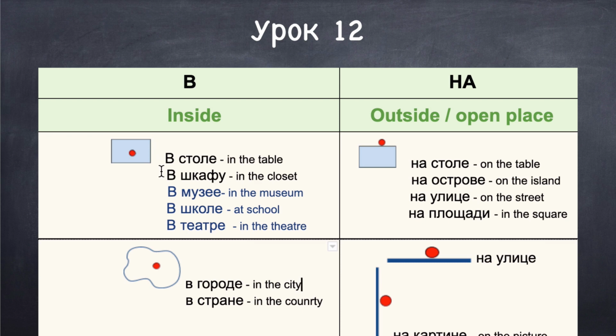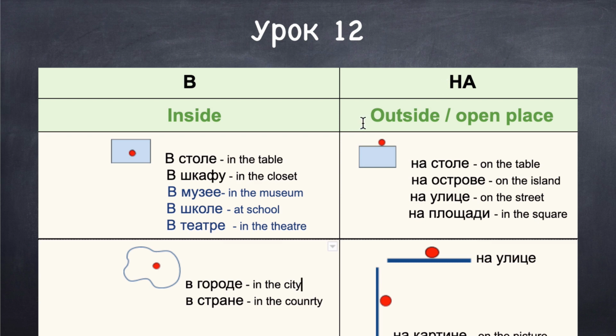For example, в столе, в шкафу, в музее, в школе, в театре. The last three examples show that places associated with buildings like school, theater, and museum will be used with preposition В.